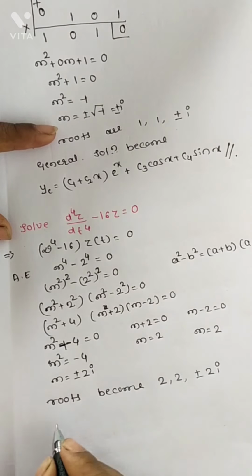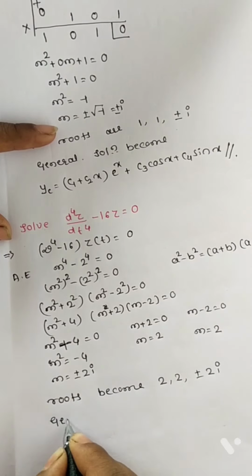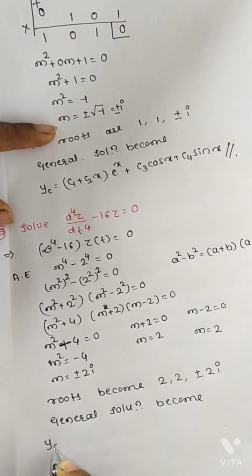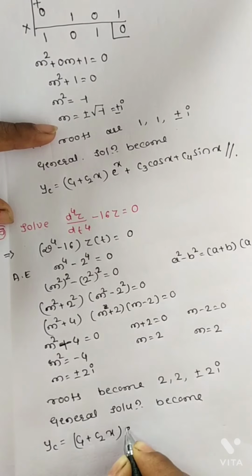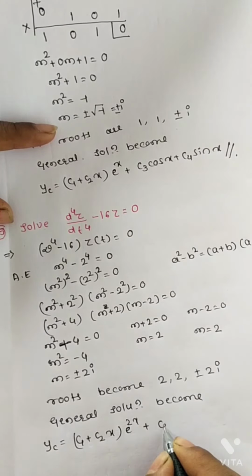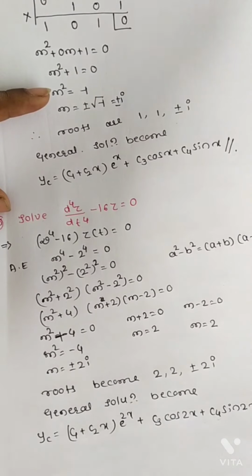Again 2 roots are same. General solution becomes yc is equal to c1 plus c2x e to the power 2x plus c3 cos 2x plus c4 sin 2x. This is the solution of a biquadratic equation.